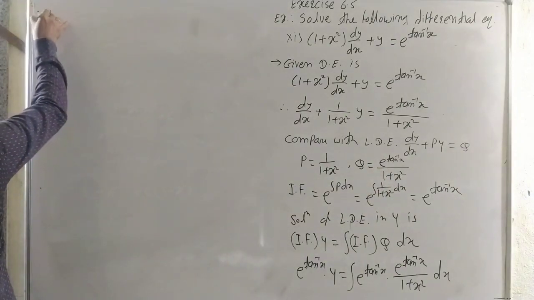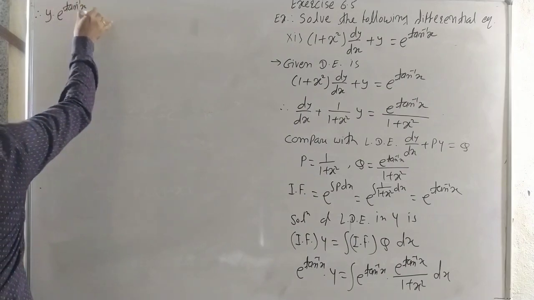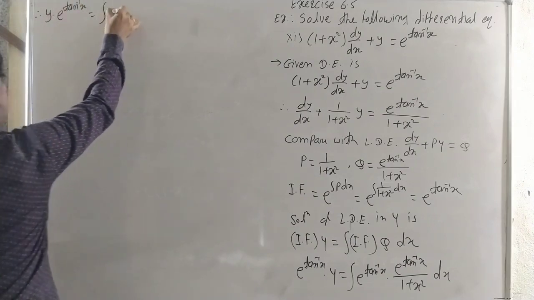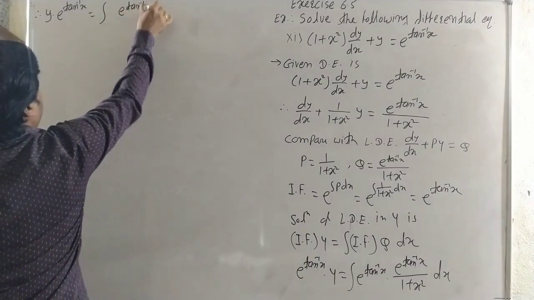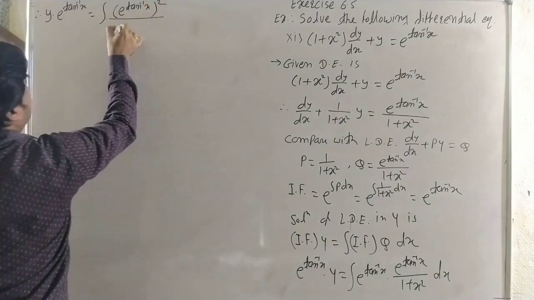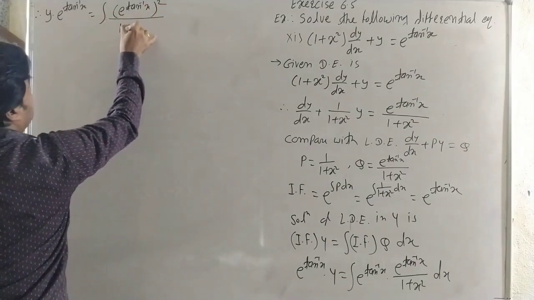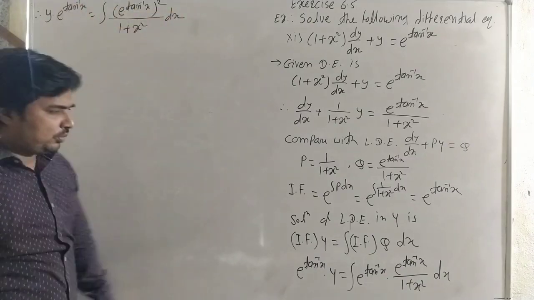Therefore y into e to the power tan inverse x is equal to integral of, see carefully this, e to the power tan inverse x whole square upon 1 plus x square. Okay. Here we can solve this example.